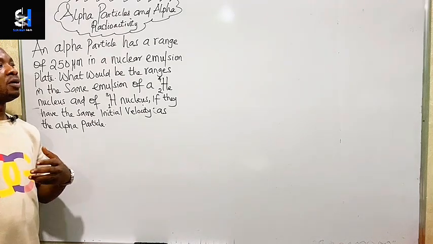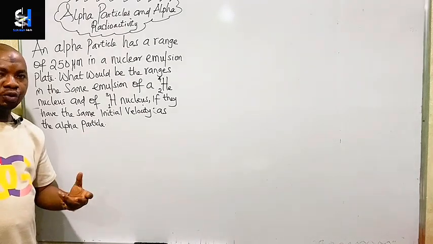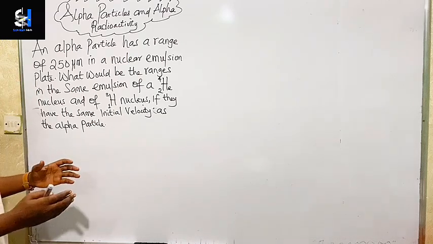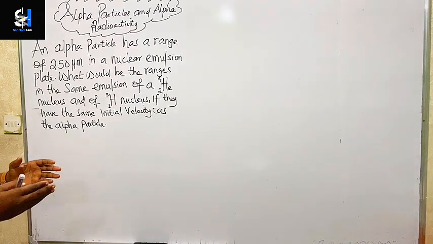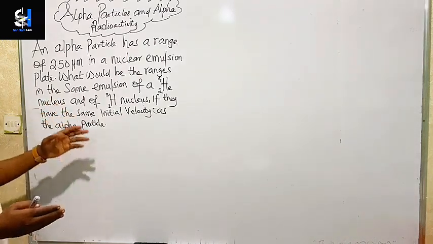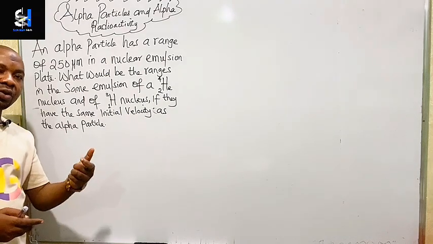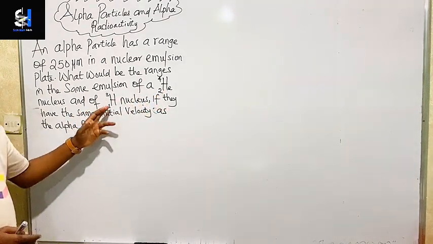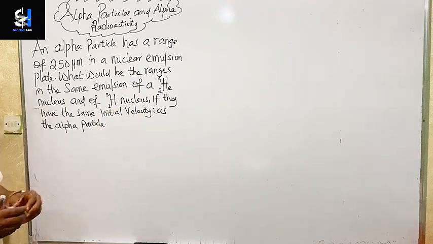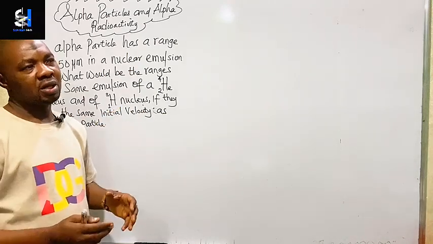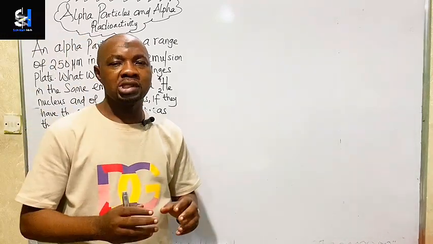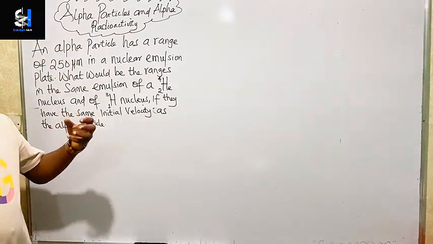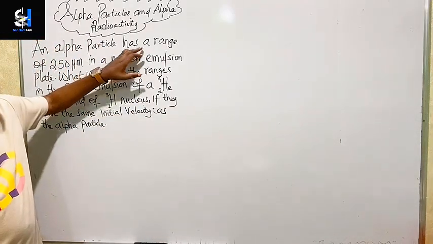Now, when we talk about nuclear emulsion, in a situation where we want to find out the ranges in the same emulsion of the nucleus of helium and that of tritium when they have the same initial velocity, the first thing is to understand the range.